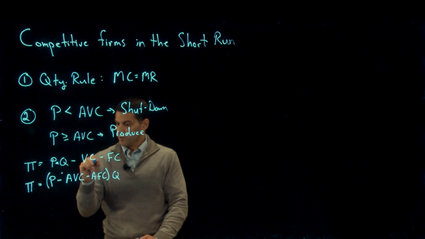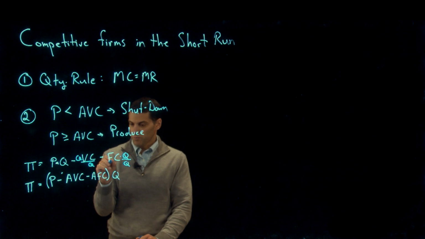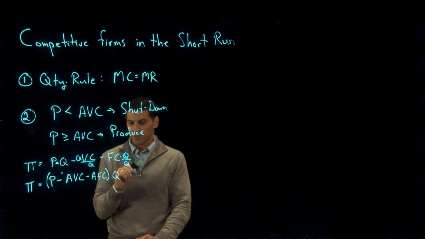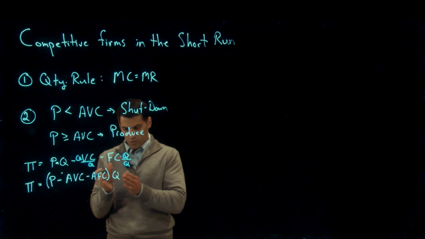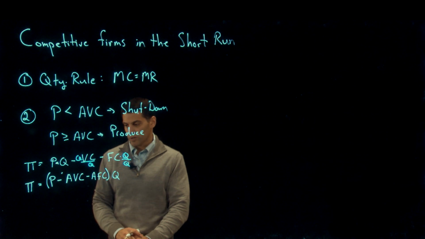So if you divide this by quantity and then again multiply by quantity, and same thing here, multiply and divide by quantity, then this becomes average variable cost times quantity, average fixed cost times quantity. So we're just pulling the quantity out and rewriting it, collecting our terms and writing profit this way.